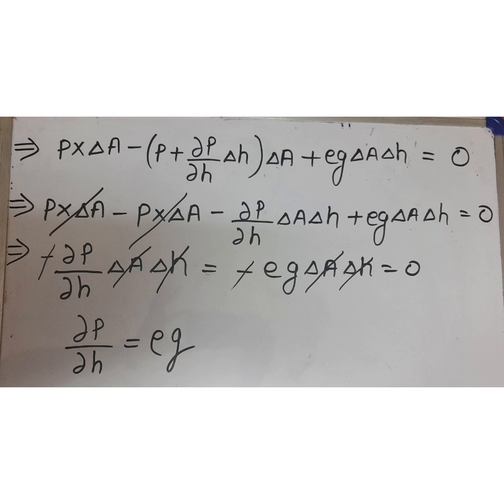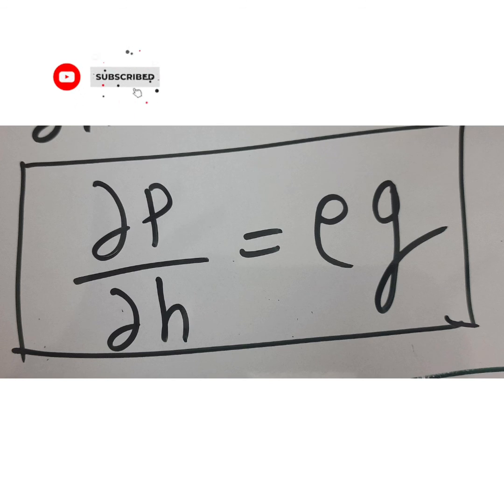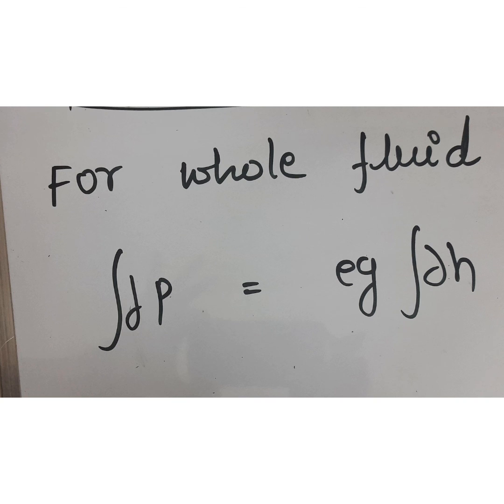So what is hydrostatic law saying? When you are going in a downward direction, the change in pressure with respect to height is equal to the specific weight of the fluid at that point. What we have done is consider a small element of the fluid, and if we take the whole fluid, then we integrate the above equation.